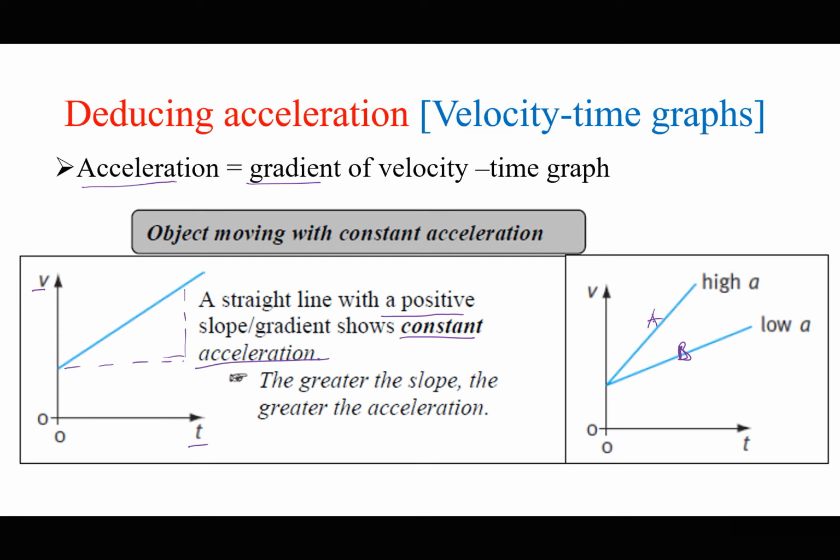So line A is steeper than line B. So we say A has a higher gradient than B. And remember, the gradient is the acceleration for a velocity time graph. So the acceleration of A is higher than the acceleration of B. The steeper the line, the higher the acceleration, for a velocity time graph.